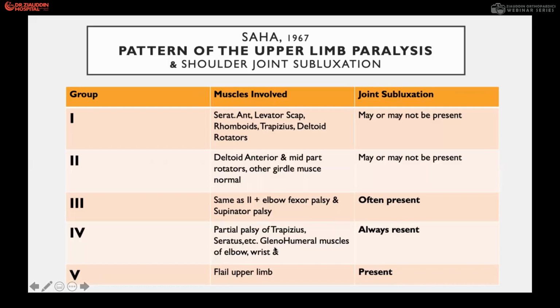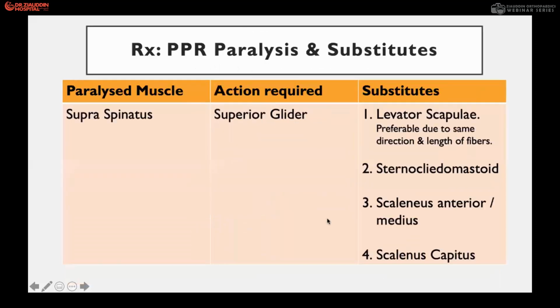With significant paralysis of the muscles around the shoulder and the elbow joint, there is subluxation or dislocation of the shoulder joint. But in type 5, there is complete loss of muscle power around the shoulder joint and the upper limb, as well as the forearm and maybe the wrist and hand. The limb is flail here and the shoulder is usually dislocated in this pattern.